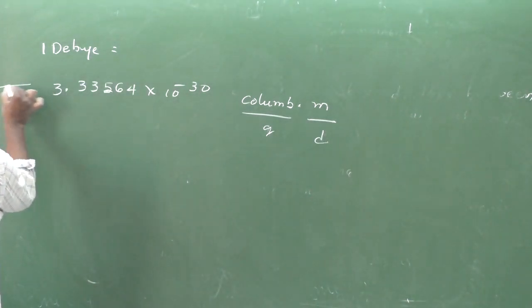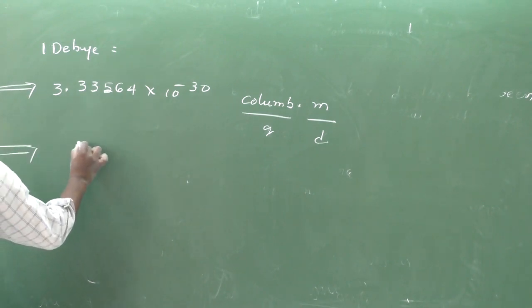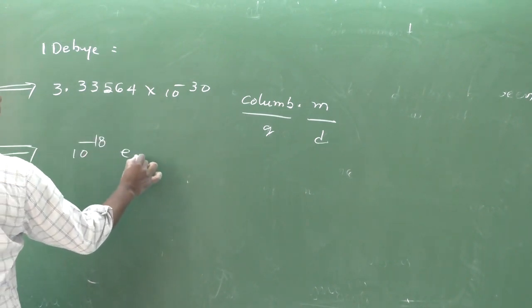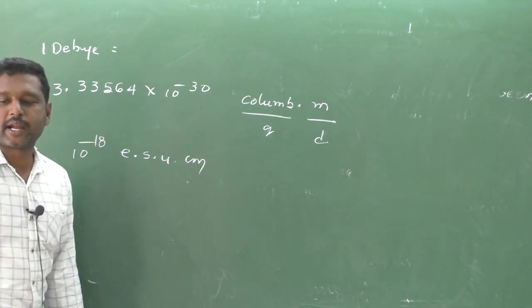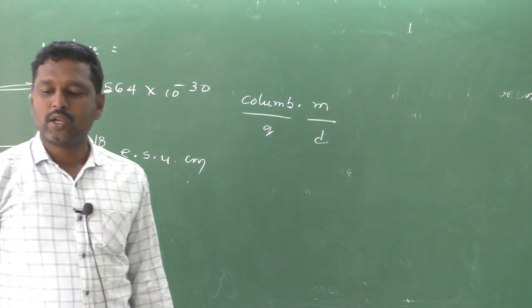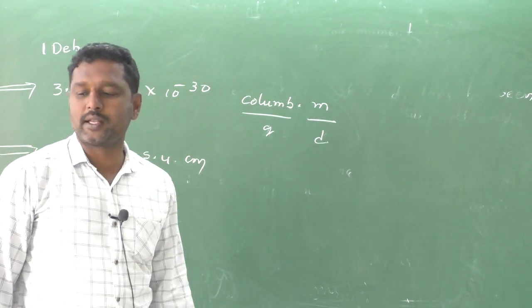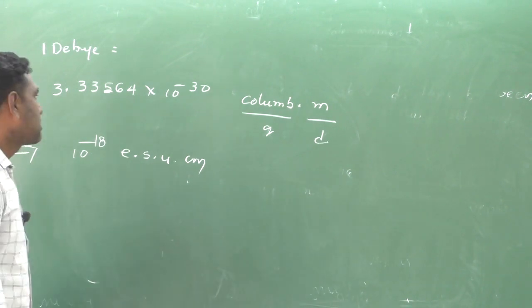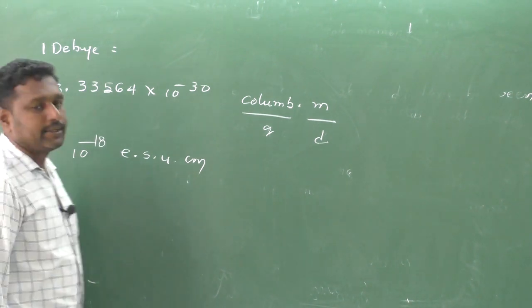This is in the SI system. In the CGS system, it is 10 power minus 18 ESU centimeters. So this is one dipole.